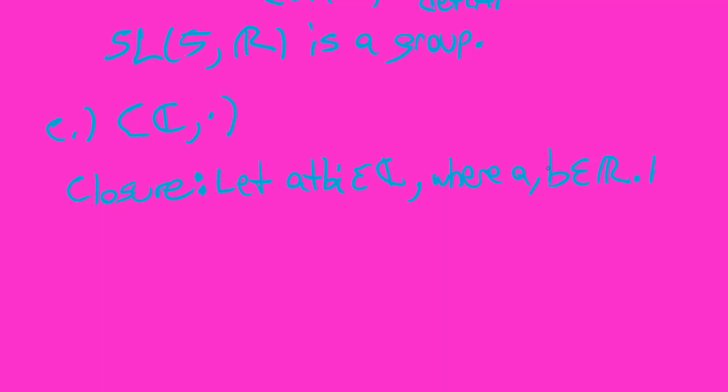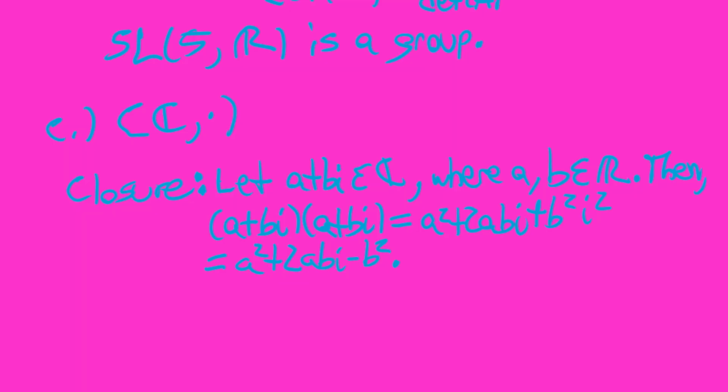So then A plus BI times A plus BI, we will FOIL everything out: A squared plus 2ABI plus B squared I squared, equals A squared plus 2ABI minus B squared.